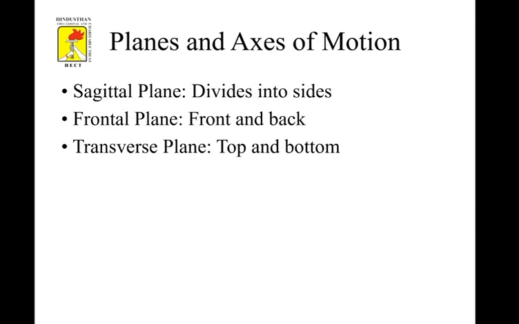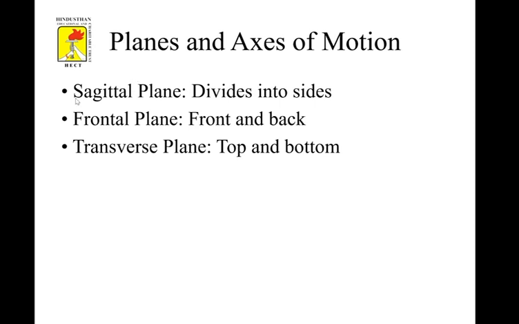Now we'll see the planes and axes of motion. What is a plane? A plane is nothing but an imaginary flat surface that divides the human body to describe the movements clearly. Here we have the sagittal plane, frontal plane, and transverse plane.